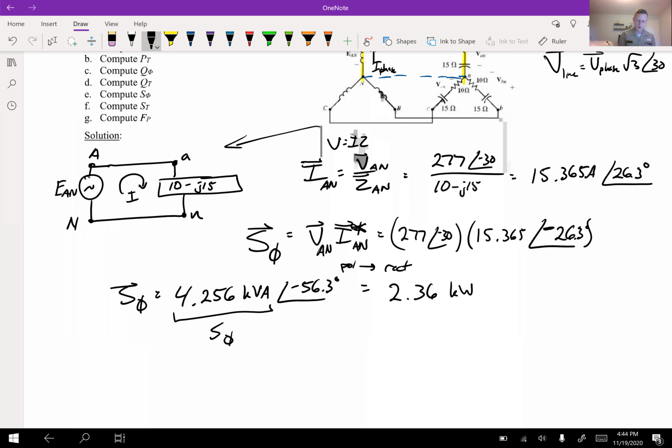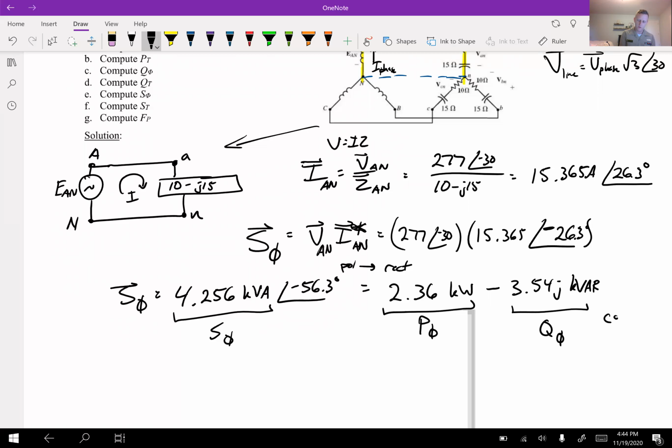But I pull this out, 2.36 minus 3.54 J kilovar. And this is my P of a single phase. This is my Q of a single phase. Note that it is capacitive since there's a negative J component there.